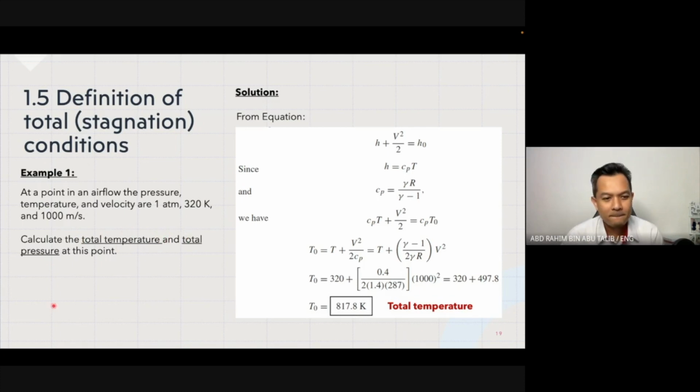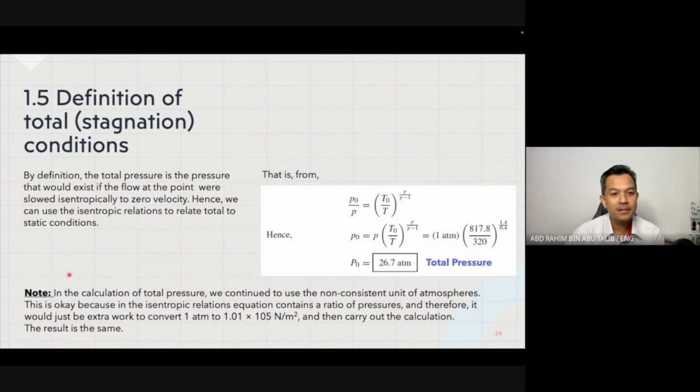Following that, for the calculation of the pressure: by definition, the total pressure is the pressure that would exist if the flow at the point were slowed isentropically to zero velocity.